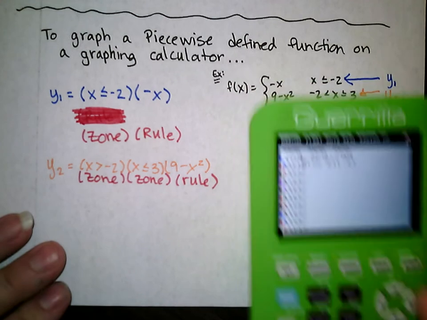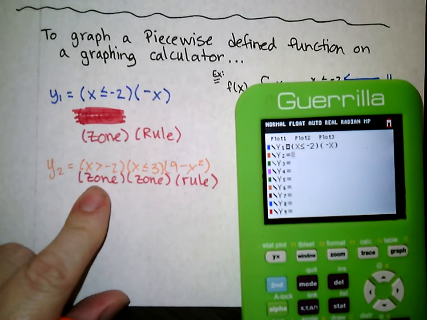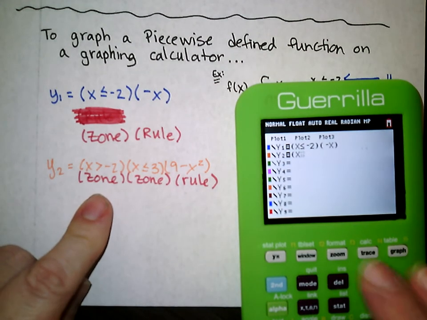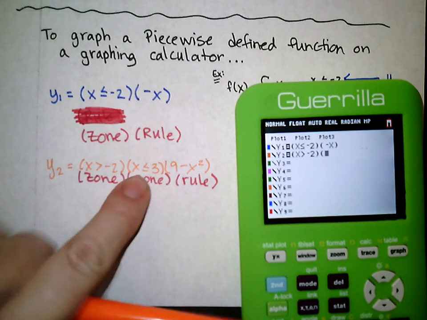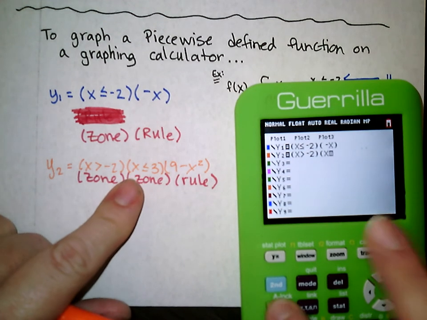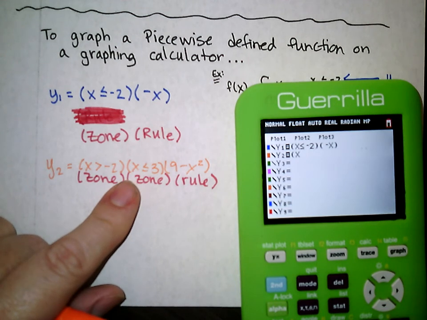Okay. So let's try that. So in y2, I'm going to put parenthesis, x, get that test menu, greater than -2, close the parenthesis, next parenthesis, x greater than -2.